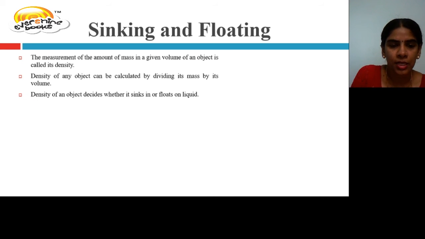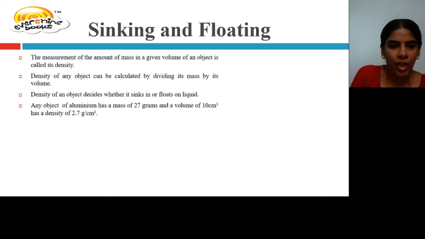Density of an object decides whether it sinks in or floats on a liquid. If density is more, then the object sinks in, while if the density is low, it floats on the liquid.